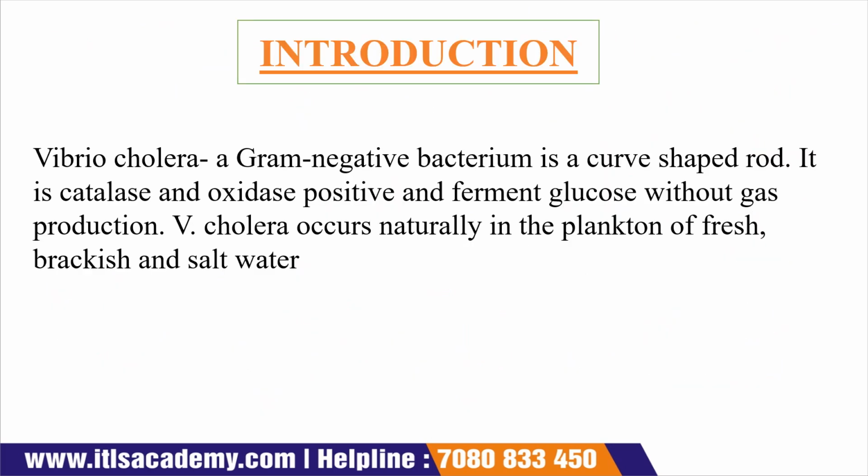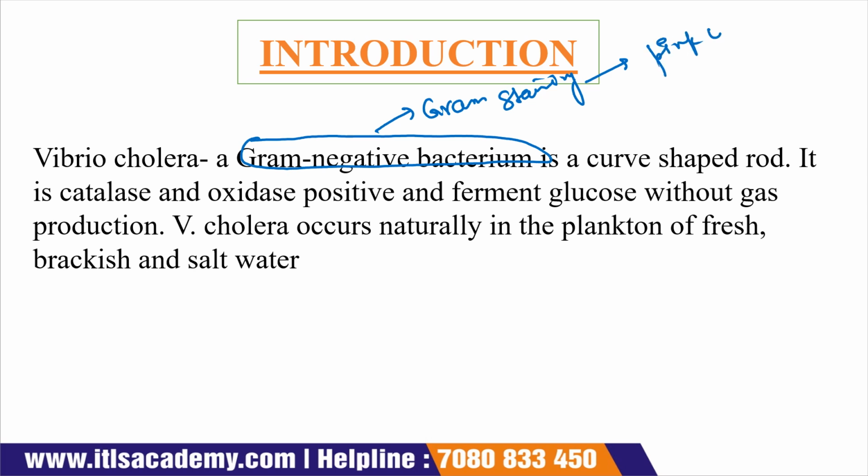Introduction. Vibrio cholerae is simply a gram negative bacterium. Gram negative bacterium means that when we perform gram staining, it gives pink colored colonies. When we see under the microscope, pink colored bacteria are visualized, and these are gram negative bacteria, curve shaped or comma shaped.